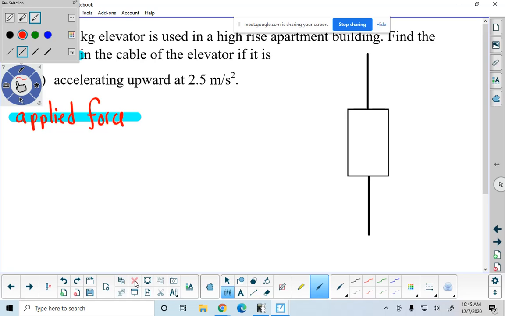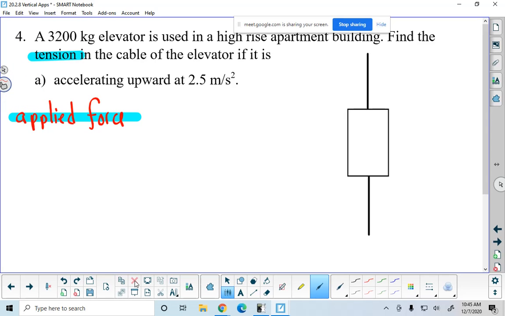So whenever we talk in the real world or the engineering world or the physics world about tension, we're talking about an applied force. Now clearly, I hope you understand that the force applied to the elevator by the cable must be upward. If the force that the cable exerts on the elevator were downward, then we would have a disaster on our hands.